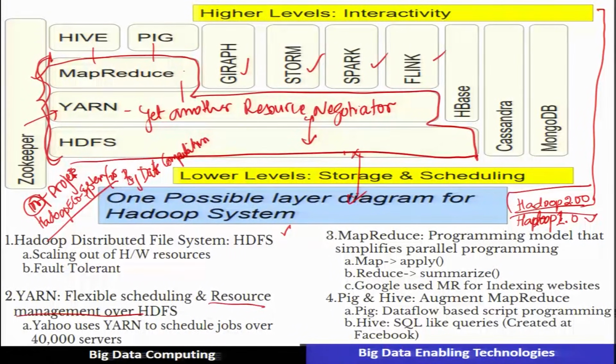Let us start one by one, that is from HDFS. So HDFS stands for Hadoop Distributed File System. This particular file system runs over the cluster. It is based on a scale out of hardware resources, that is, any number of nodes can be added, and this particular style is called scaling out.